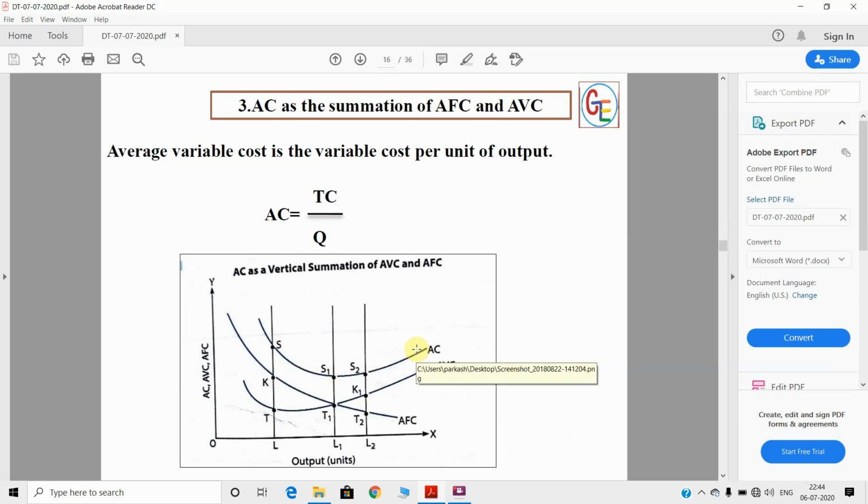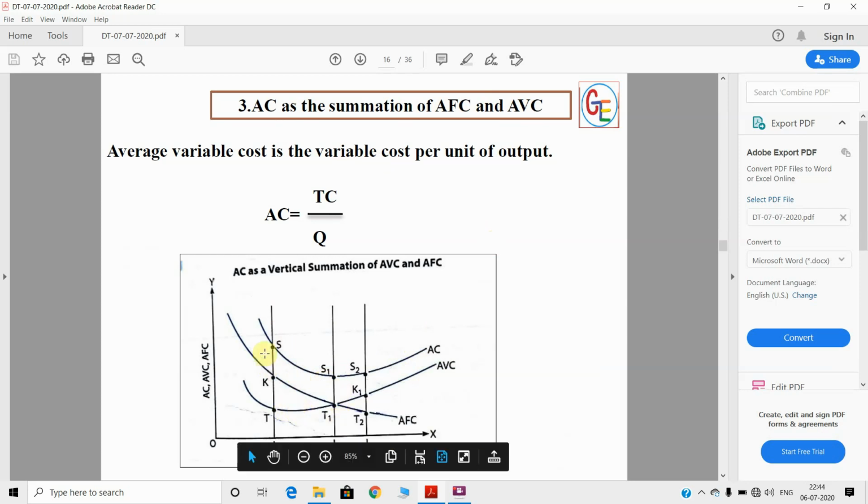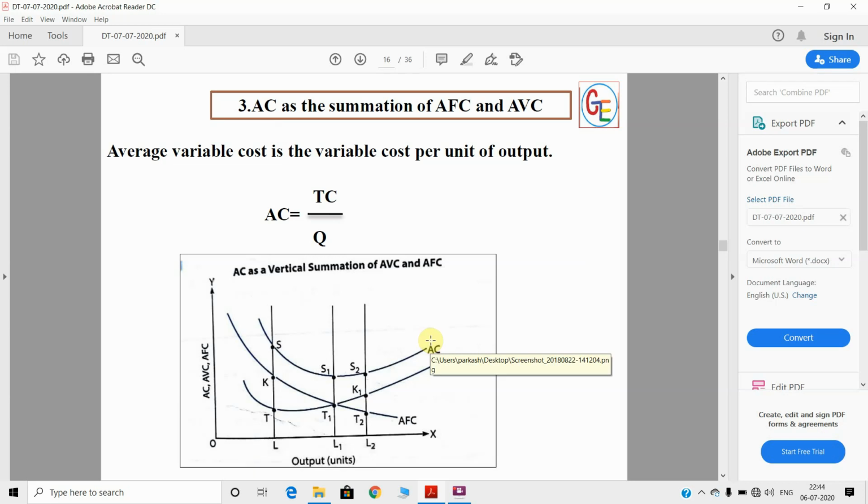You must have read why AC is U-shaped, because it takes the falling part of AFC and the rising part of AVC. So it takes the U-shape. The downward sloping part of AC is derived from the downward sloping part of AFC, and the upward sloping part of average cost is derived from the upward sloping part of AVC.